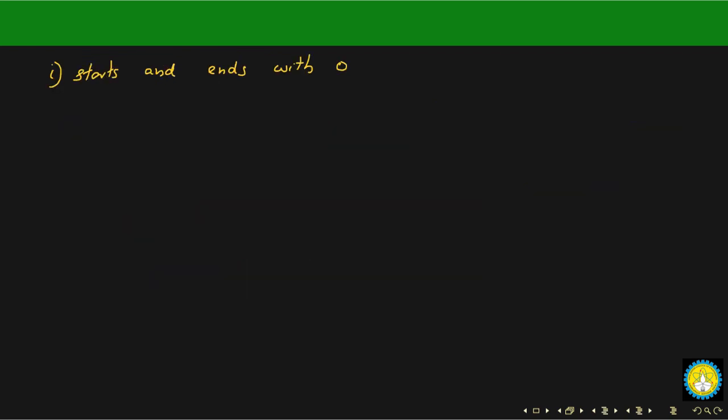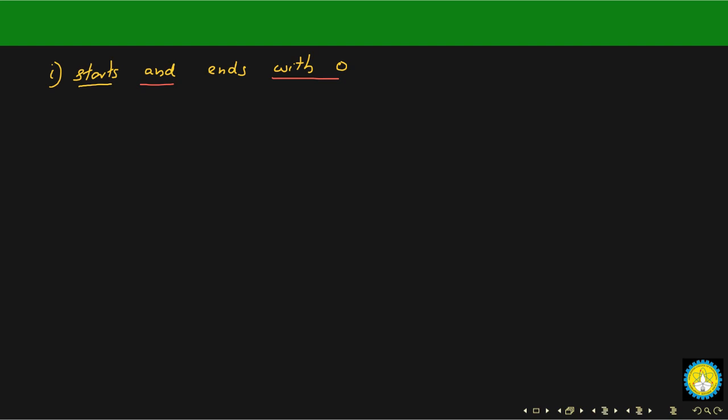Now this question is a little tricky. You have to design an NFA to accept binary strings that start and end with 0. When the question is a little tricky, you have to write all the possibilities, starting from the minimum string that you need to accept.